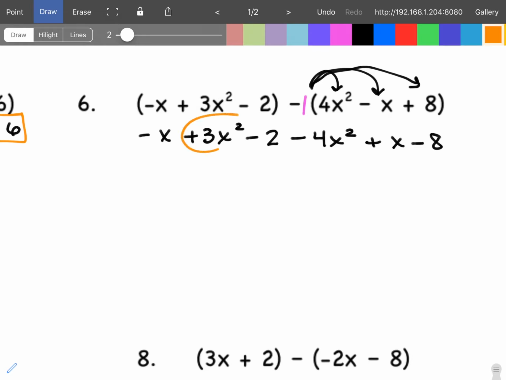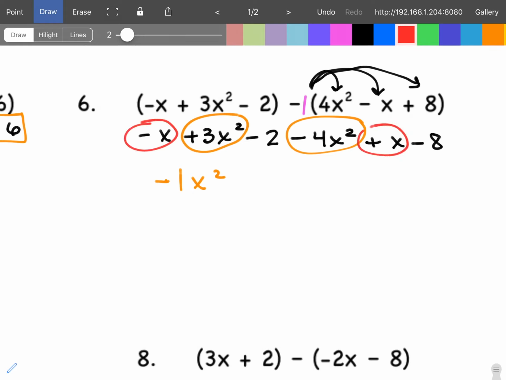I'm going to combine my 3x squared with my negative 4x squared, which is going to be a negative 1x squared. Then I'm going to look at the negative x plus x, which makes 0. And then negative 2 plus a negative 8 is a negative 10.